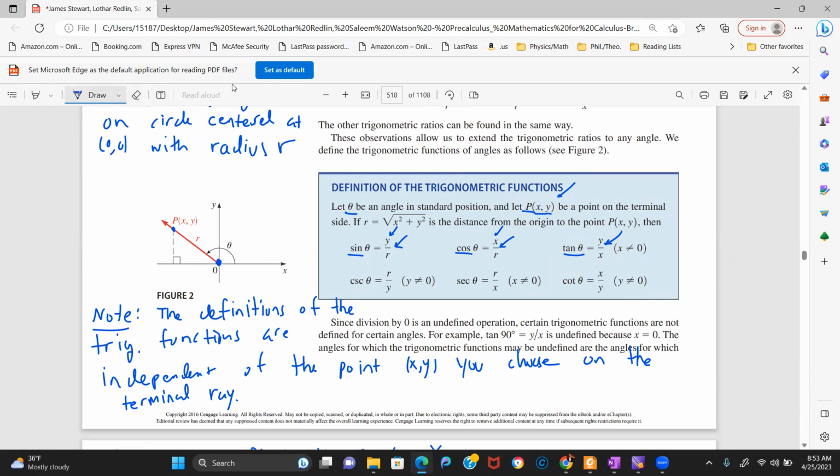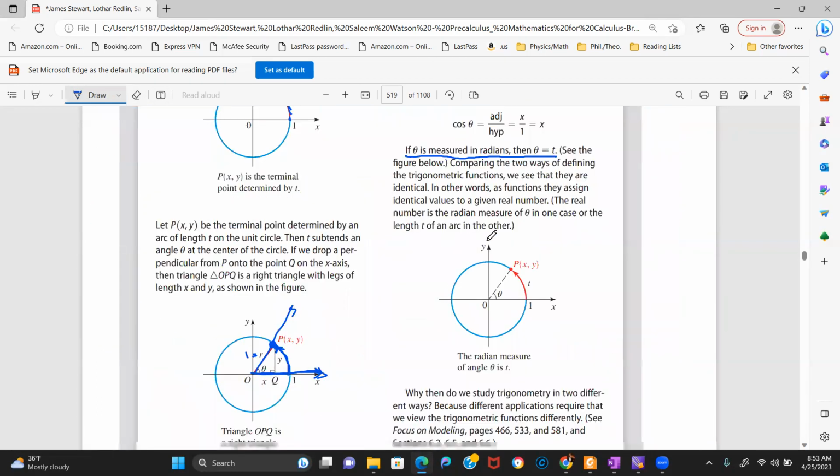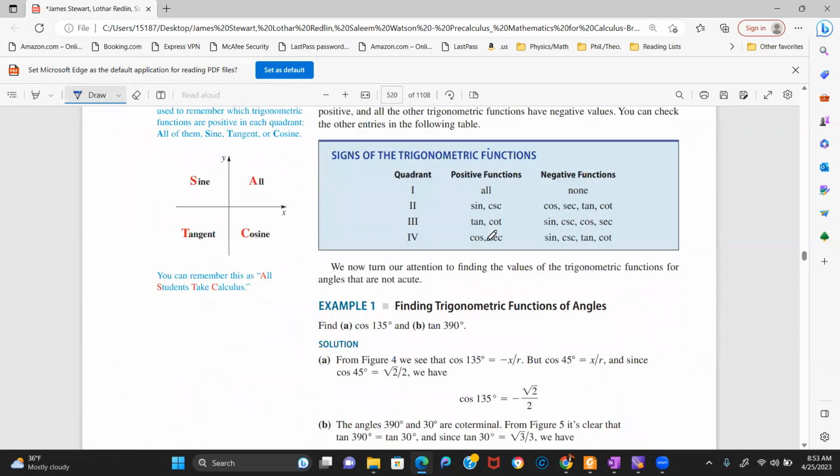But if you're in the second quadrant, like you are here, and you look at your y coordinate, it's some positive number. So positive divided by positive is positive. Cosine is going to be negative because if you look at the x coordinate, you just project it down here, it's a negative number. So negative divided by positive is negative. So it's not hard to work out in general what the signs are, depending upon which quadrant you are in.